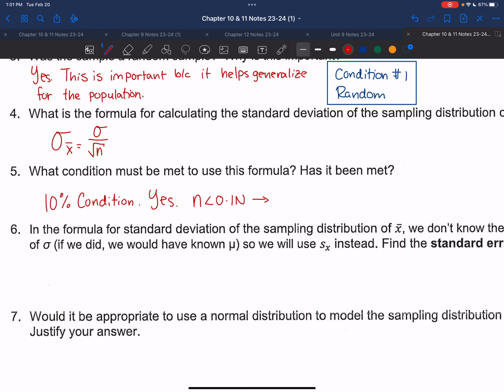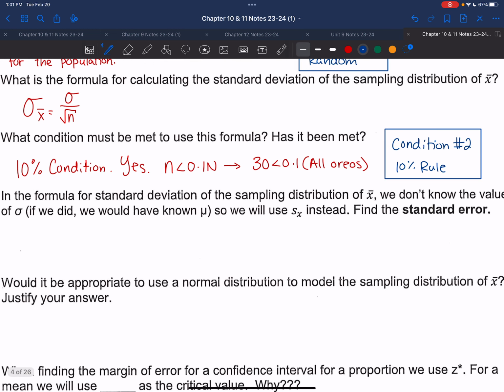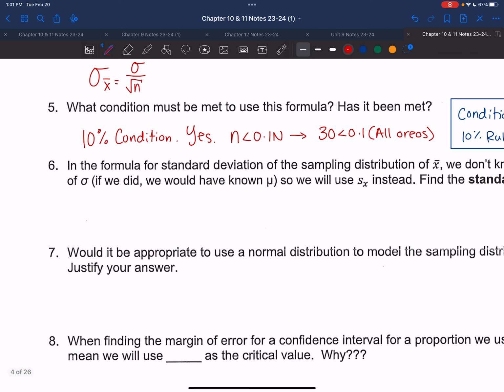She took a random sample of 30, which is definitely less than 10% of all Oreos. So this is condition number 2, the 10% rule. You got to check this condition as well. Same type of conditions we've been using, okay?